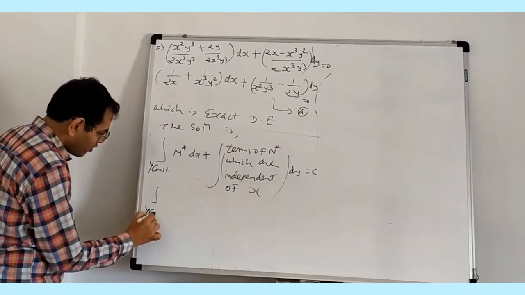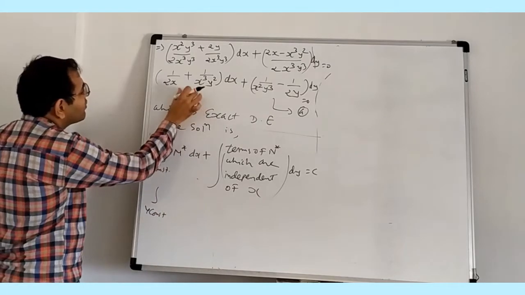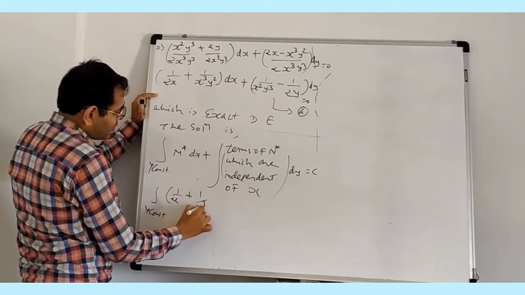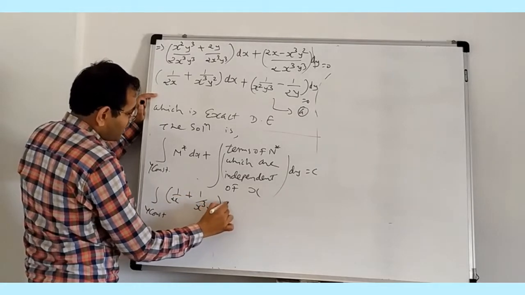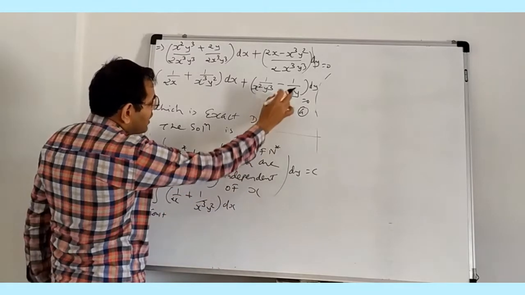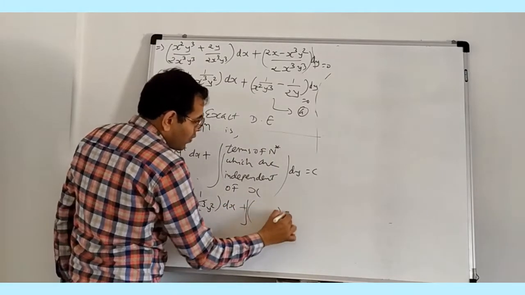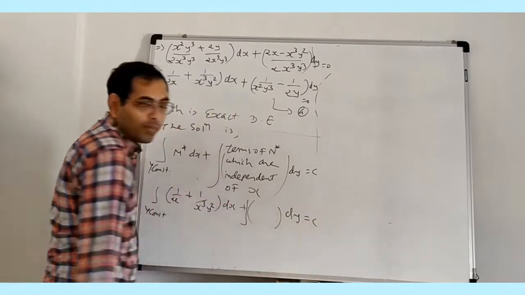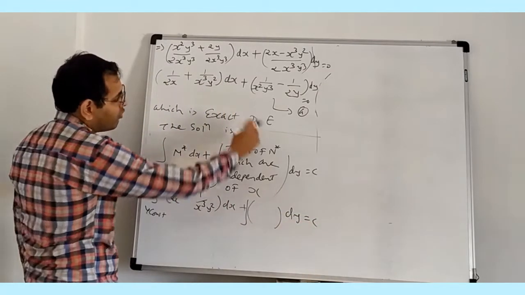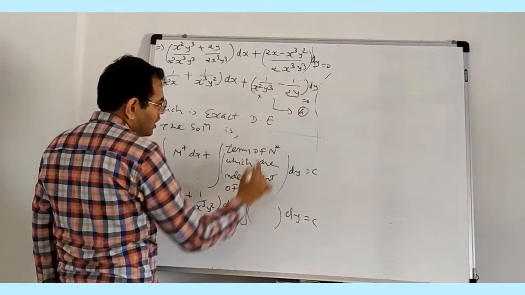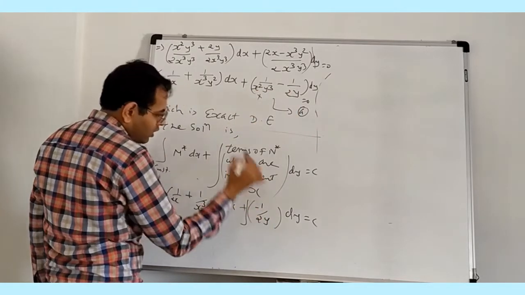Substitute the value of M star, that is 1 upon 2x plus 1 upon x cube y square dx. Here in N star we consider purely y terms. The first term has x into y, so we cannot consider this. Consider only minus 1 upon 2y.